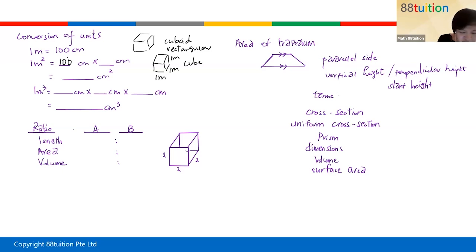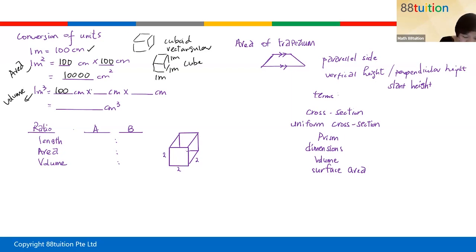Now, 1 meter is equal to 100 cm. This is all known to you. 1 meter square for area will be 100 multiplied by 100, and that gives you 10,000 cm square. So this is used for measuring area. When we come to volume, we use 1 meter cube.